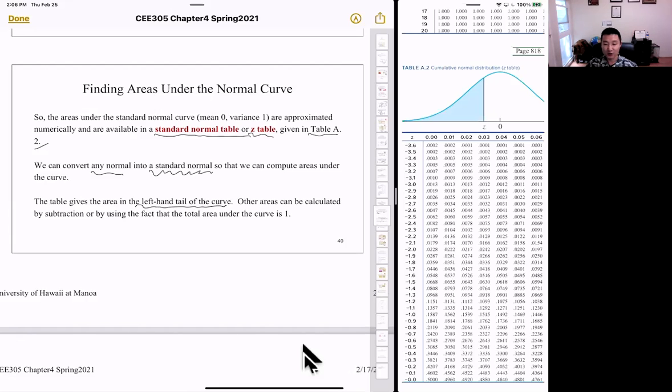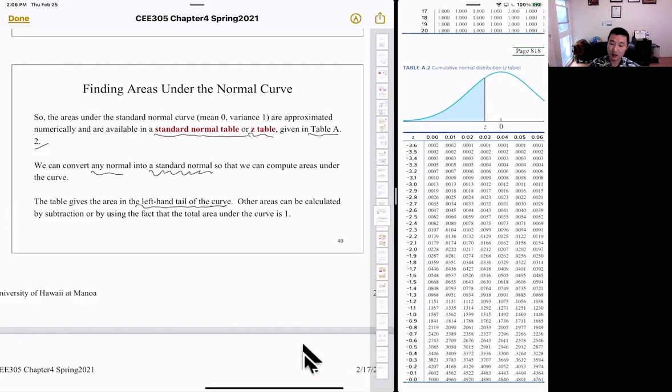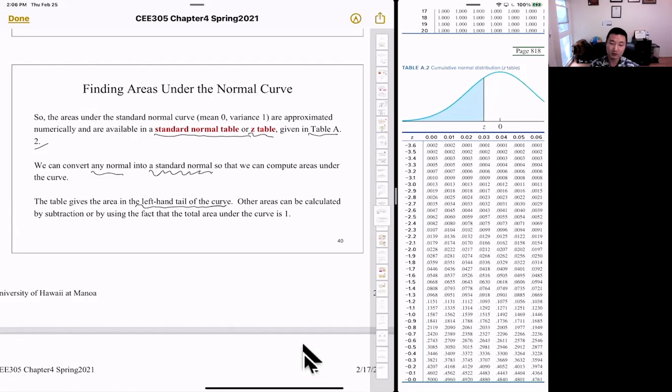Also, for that curve, pay attention: the table shows the area, or the probability, in the left-hand tail of the curve, like we can see here in the blue shaded area. So remember that. Other areas can be calculated by subtracting, or by using the fact that the total area under the curve is 1.